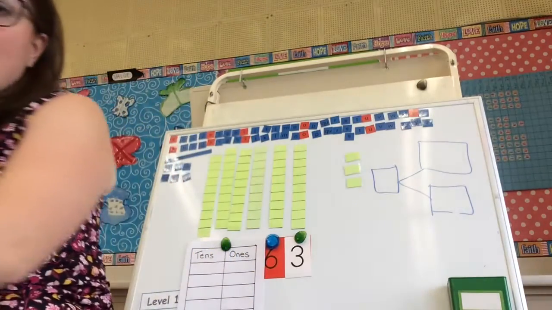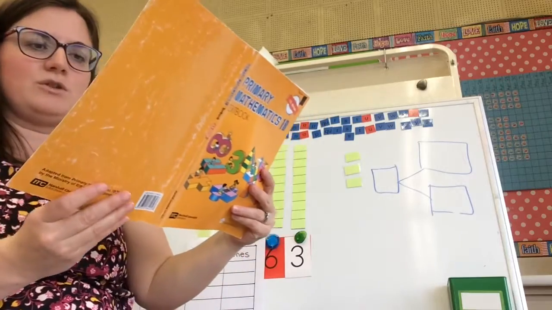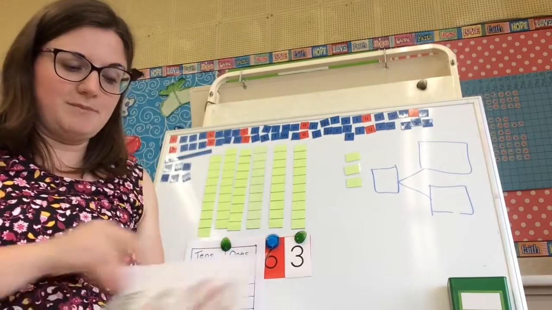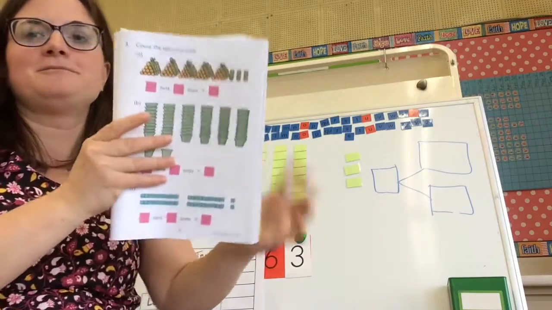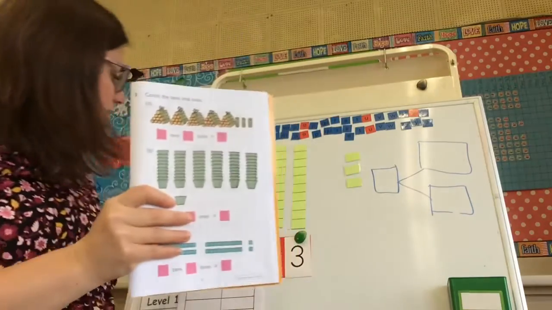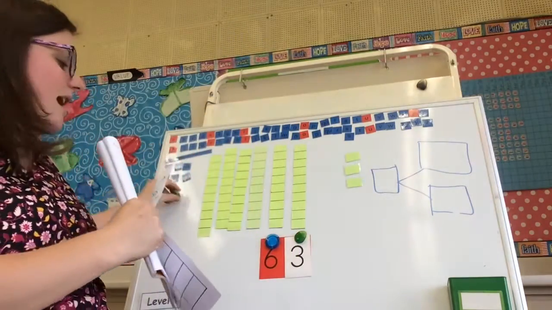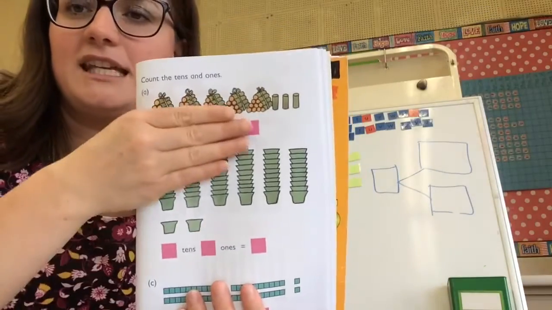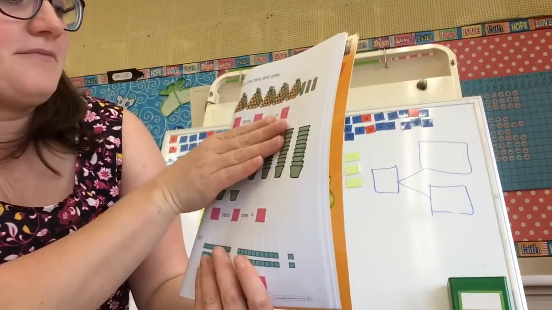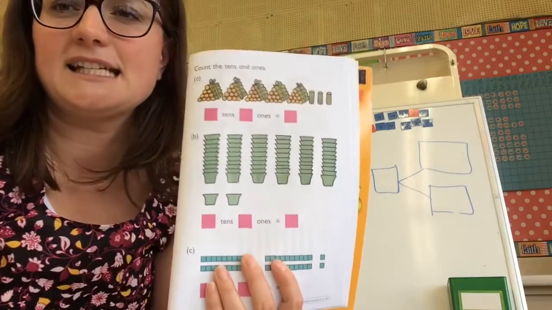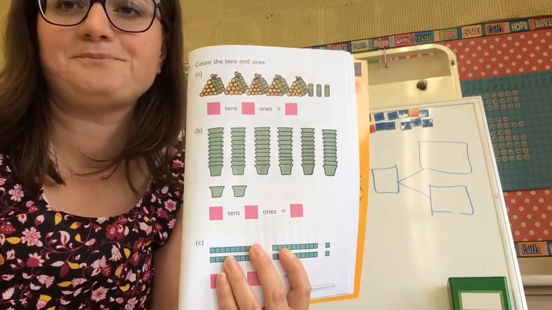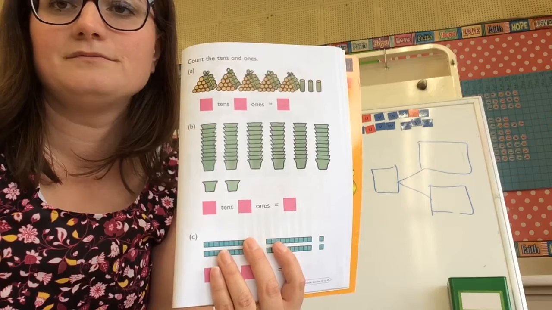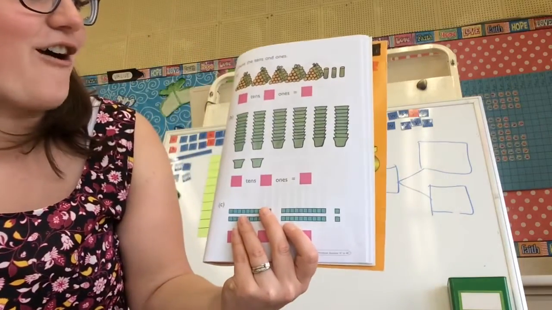Now, we're going to keep that chart, but I also want you to open up your textbook to page 71. And using your chart, I want you to write down how many 10s and how many ones. So let's look at the top one here, of our bundles of sticks. How many 10s are there? There are 5.